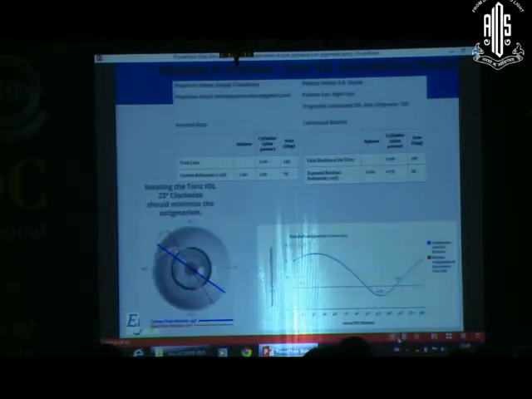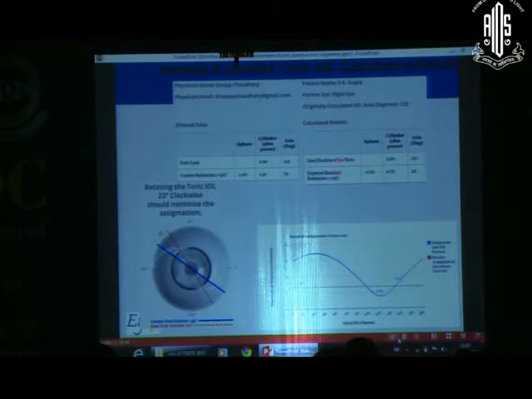So what does it show? It's just a two-page software. It shows this was the data which was entered, that this is a toric IOL which has this power and the lens is lying at 145. This was the refraction. These are the two things you have fed, and this is what you have got.